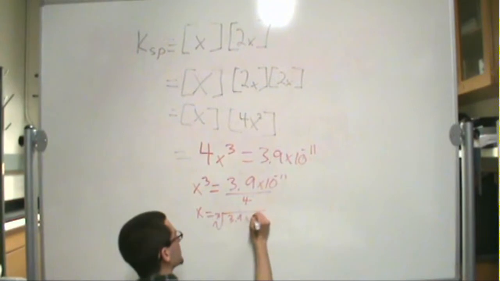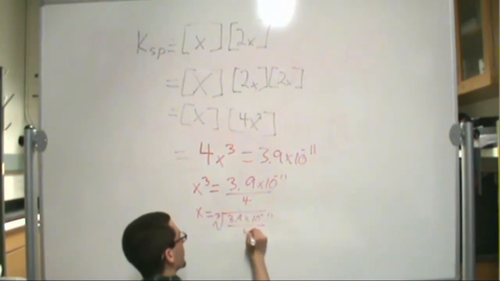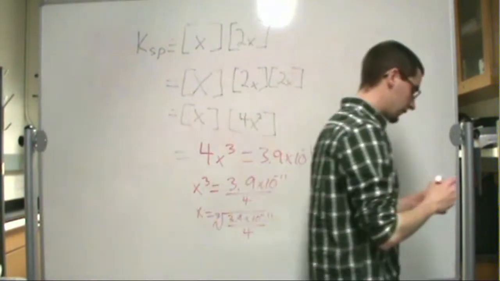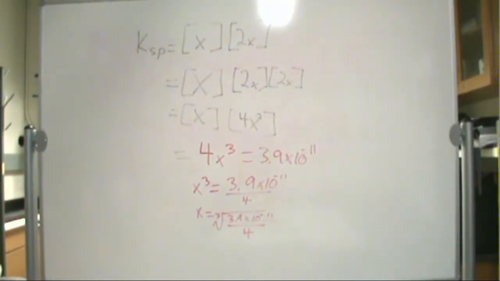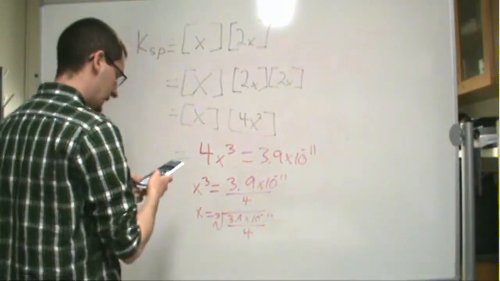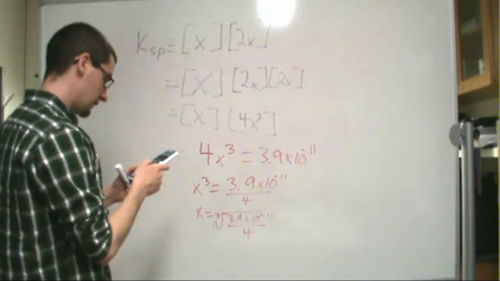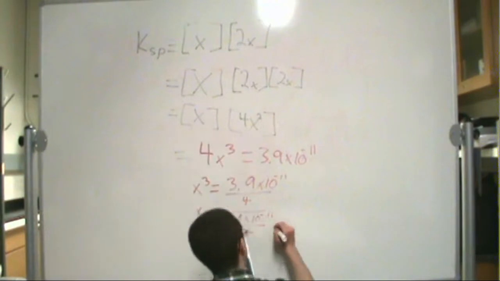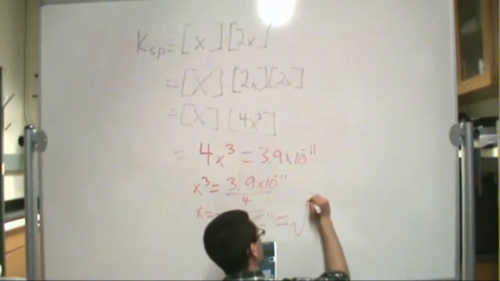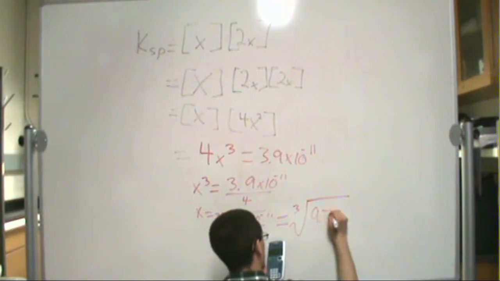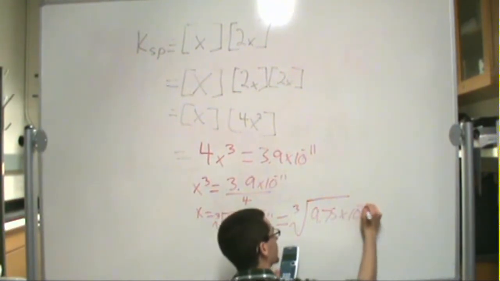So 3.9 times 10 to the minus 11 divided by 4. I need to go grab my calculator real quickly. So, 3.9 times 10 to the minus 11 divided by 4. So this ends up equaling the cube root of 9.75 times 10 to the minus 12.